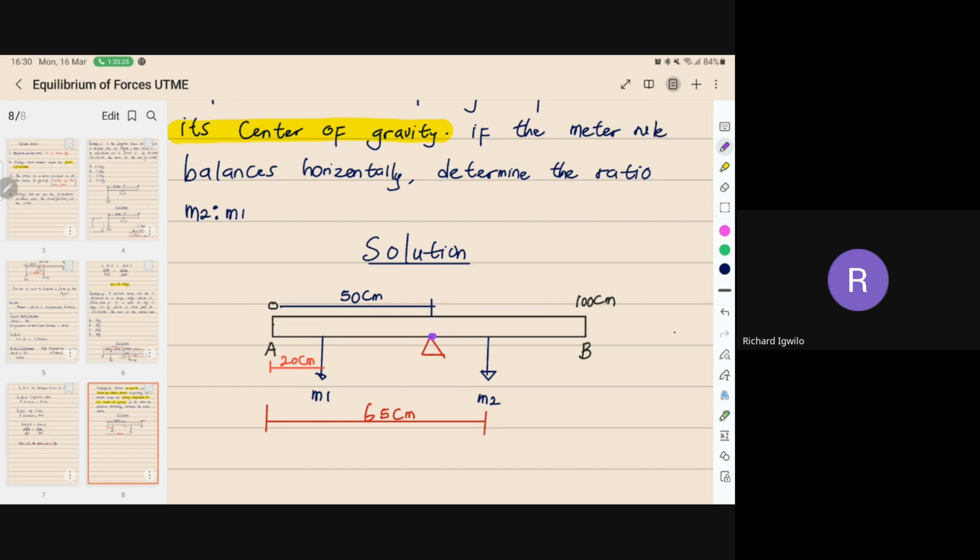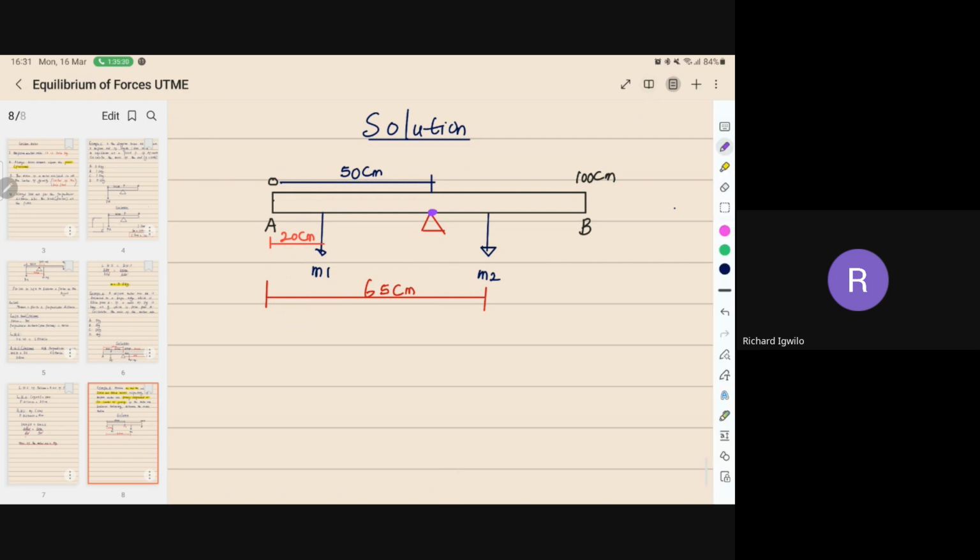We are always taking the moment about the fulcrum. So now taking moment about the fulcrum, we're going to do left-hand side. You also know that it's always what? The left-hand side, right? Always equal to the right-hand side. So forces on the left equal to the one on the right.